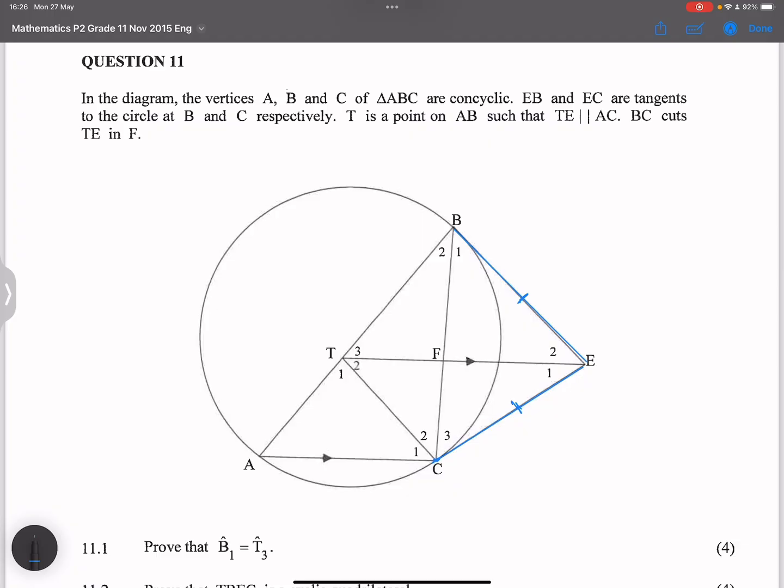So T is a point on AB such that TE is parallel to AC, and they say BC cuts TE at F. Now, they say prove that B1 is equal to T3.